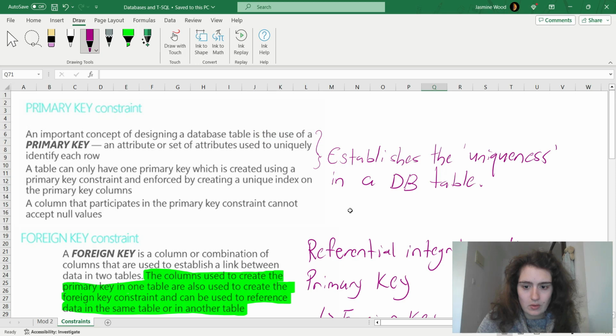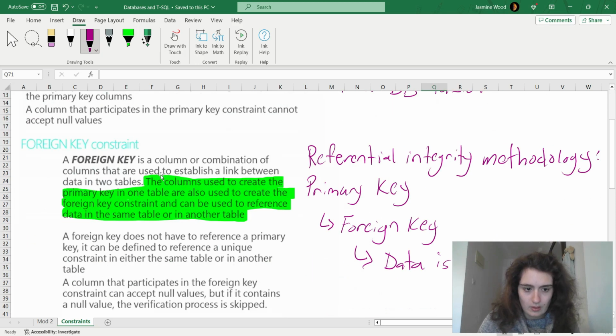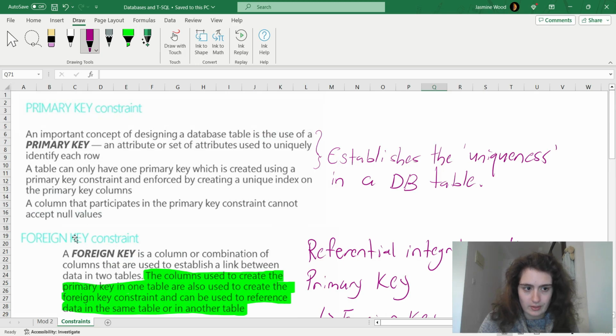Basically, in order for there to be a relationship established between databases, you have to use different keys available, or what are called constraints, to maintain referential integrity within the database system.